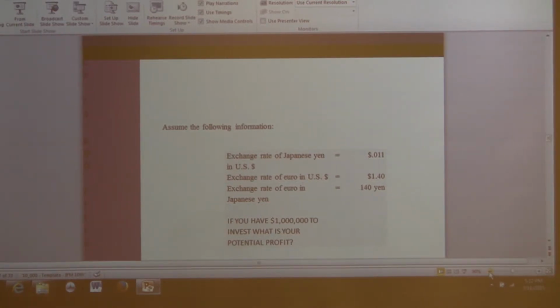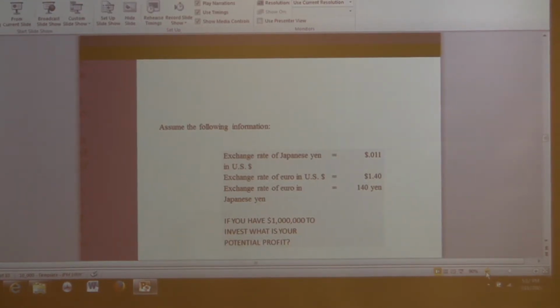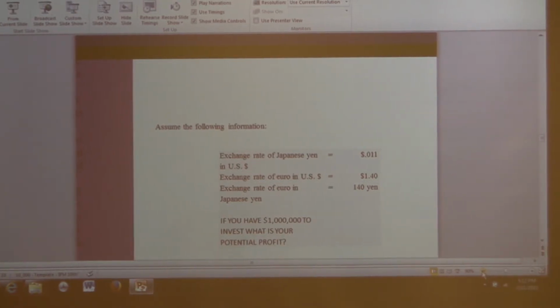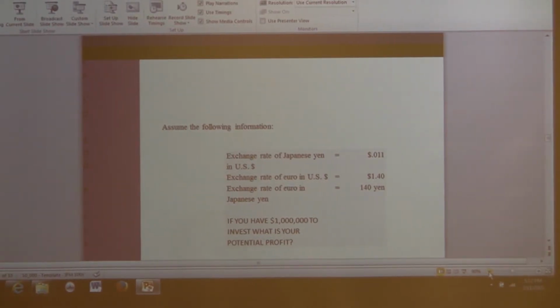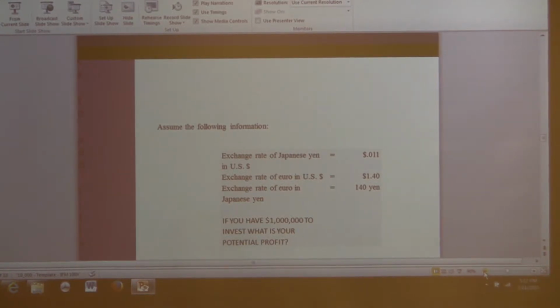So what do we get here? 127 something? 127, yeah? So what we find is that the market price is 140, okay? So for 1 euro, getting 140 Japanese yen. Based upon the US dollar, what it tells you is that the rate should be 127. So these are the two numbers, okay?